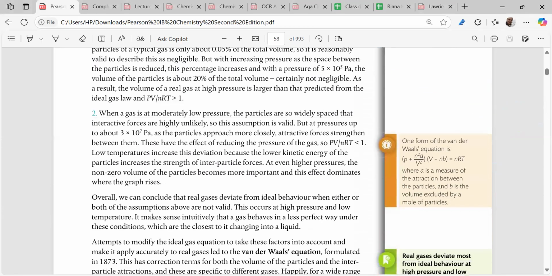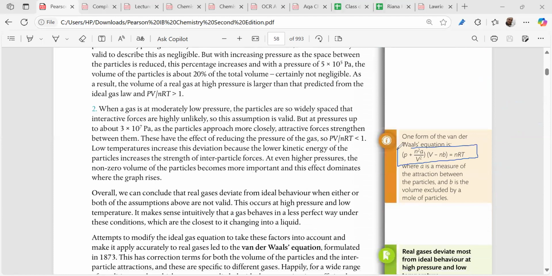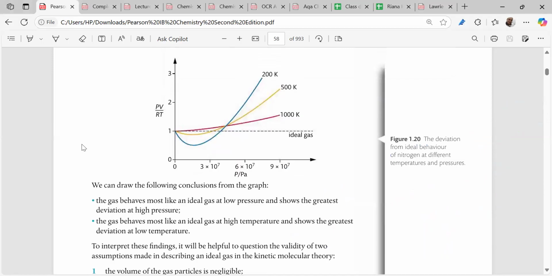This is the actual equation. It is very complicated, so that's the reason we take the ideal gas equation. Now, under what conditions will real gases behave like ideal gases?